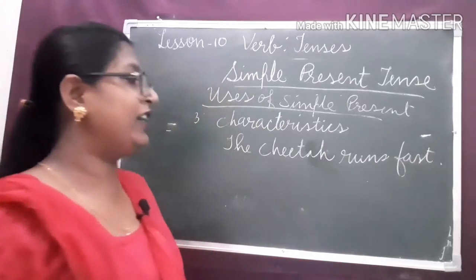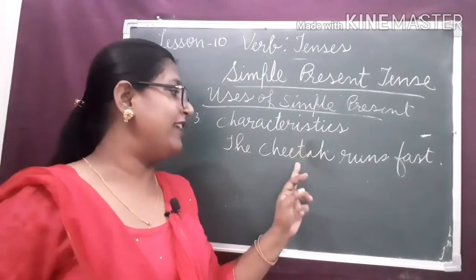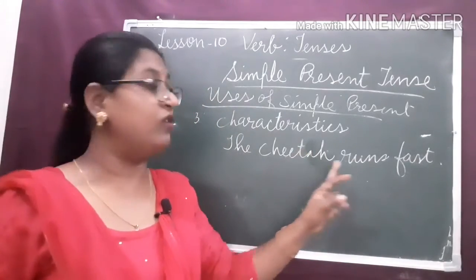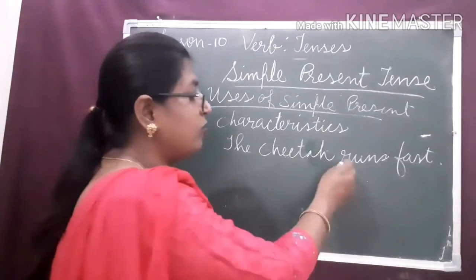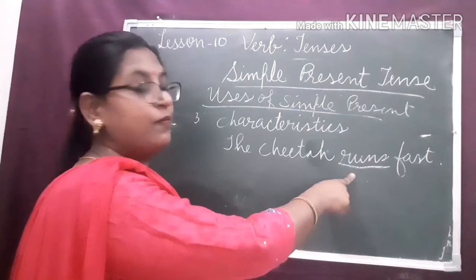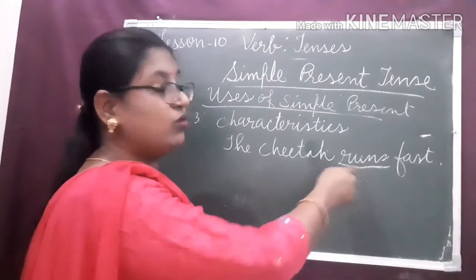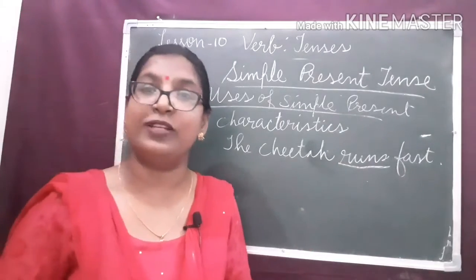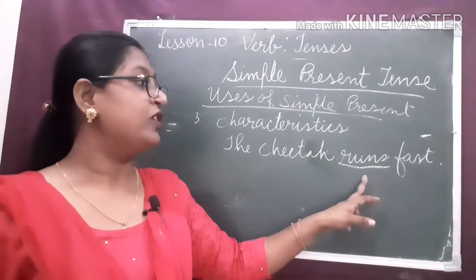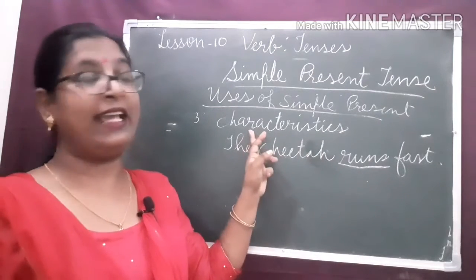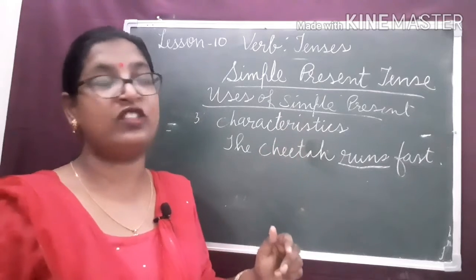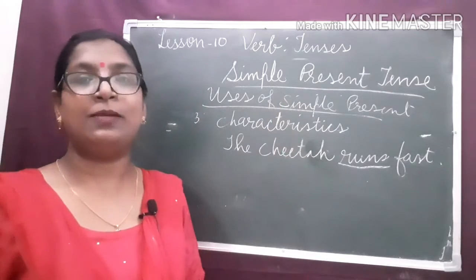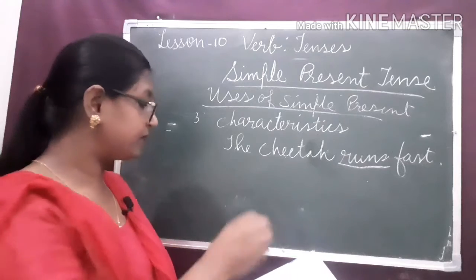Here we are expressing the characteristics of the cheetah. Runs fast. You can see the form of the verb, runs. The subject is singular, so the S form of the verb is used here. So, to talk about the characteristics or specialities of something, we use simple present tense.